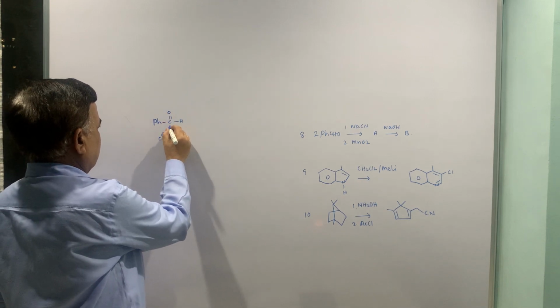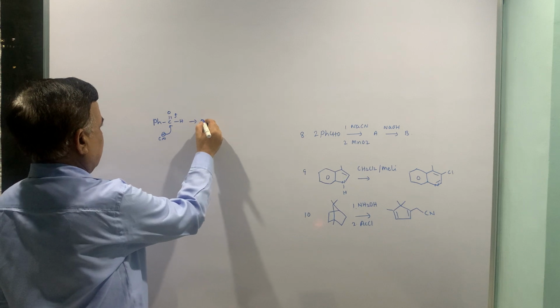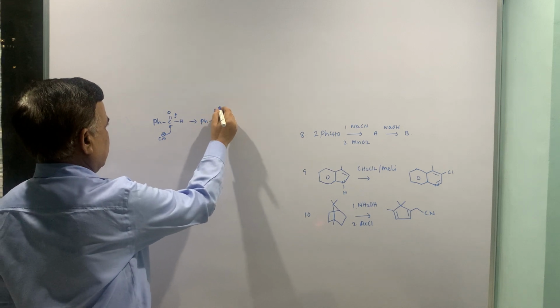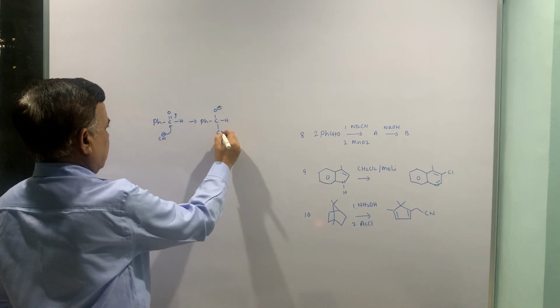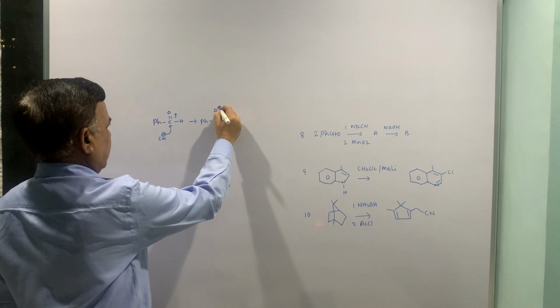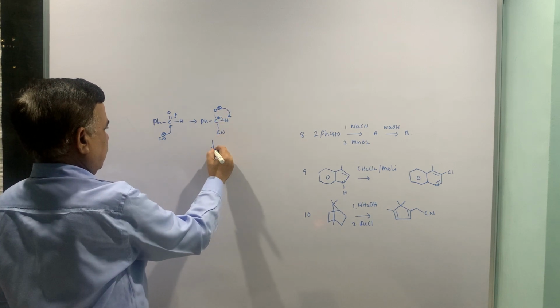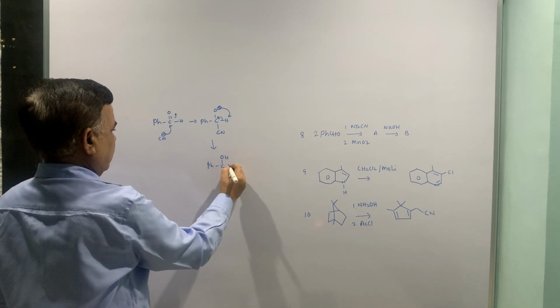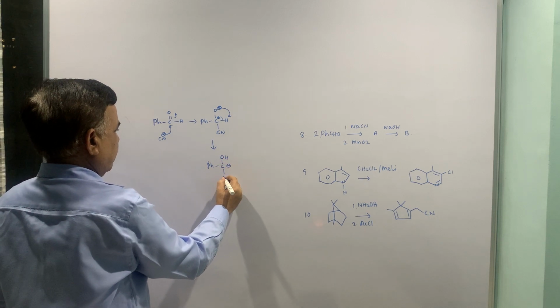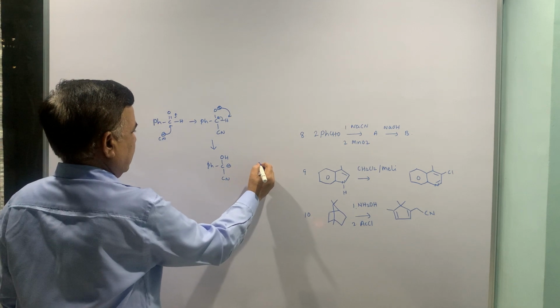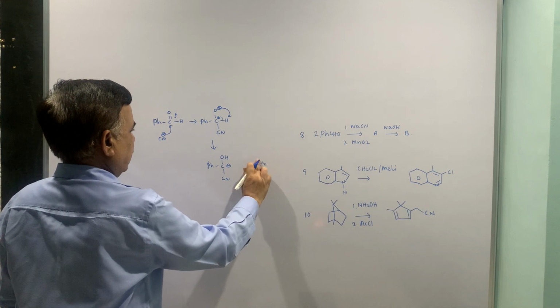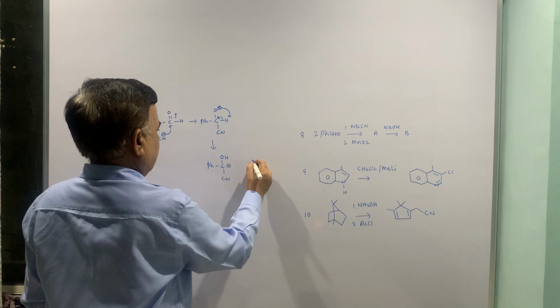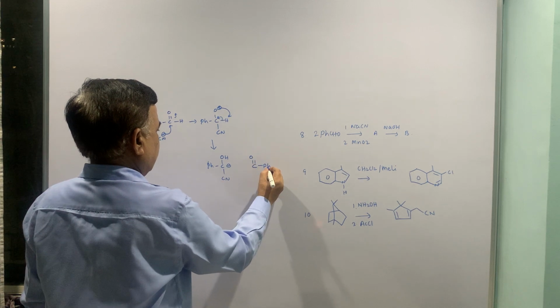The attack of CN minus, PhCO minus, CN O minus takes up this, you get more stabilized carbanion. Now this interacts with your benzaldehyde, another molecule of benzaldehyde. Let me put it this way.